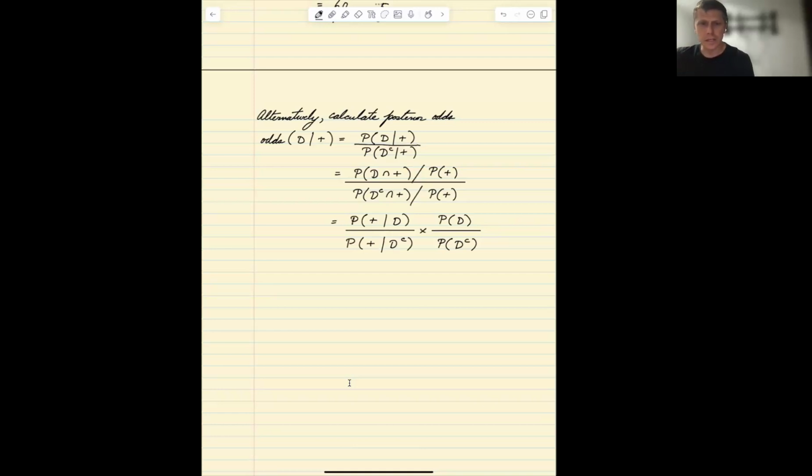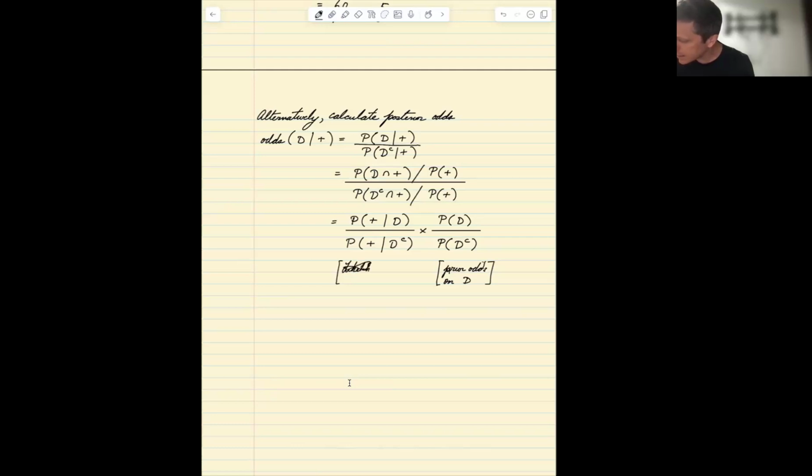Okay, how do we interpret this? Well, this was the prior odds on D. And this here is the likelihood.